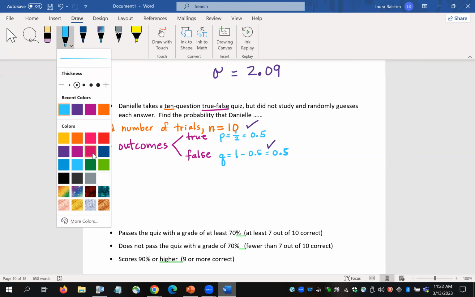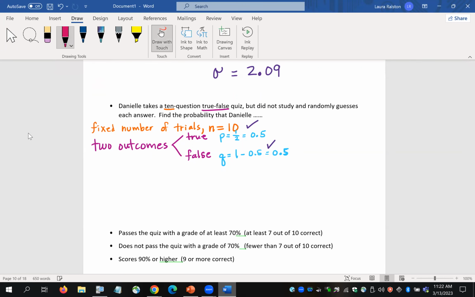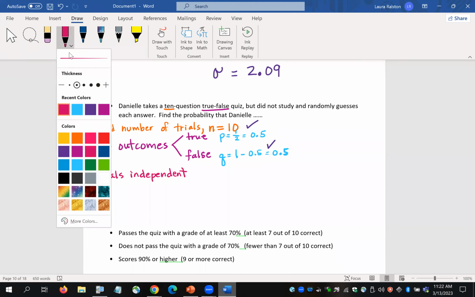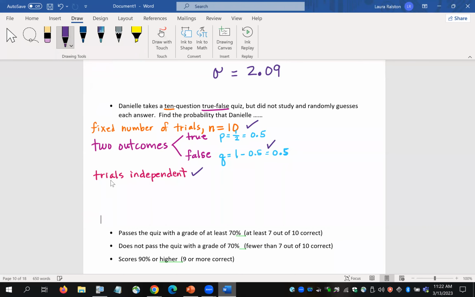Third option is the trials are independent. Well, it says she didn't study and she's randomly guessing. So the fact that she chooses true on the first question is probably not going to affect whether she chooses true or false on the second question. So I would say they're independent.